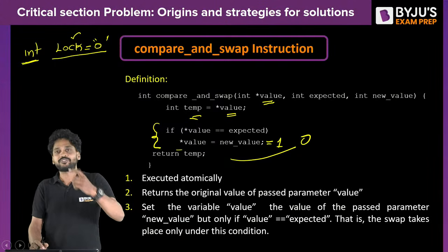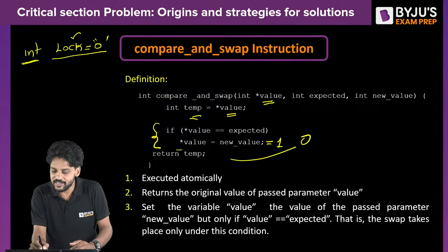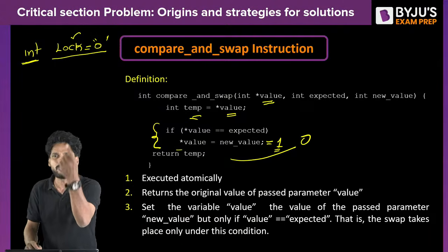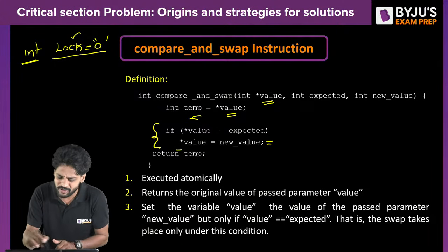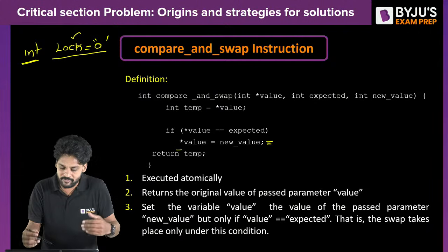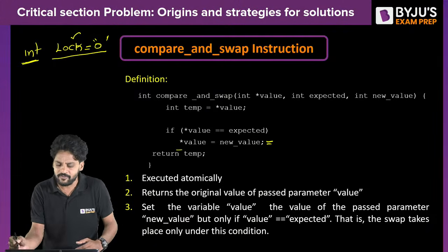Only for the first process, the function returns 0. From the next process onwards, as long as a process is already in the critical section, the lock value will be equal to 1, right? Did you forget to look at this code or what? Yes or no? When a process is already in the critical section, what will be the lock value? Only for that process, it is equal to 0.